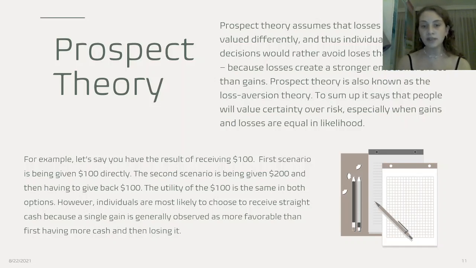The utility of $100 is the same in both options because as a result you win $100. However, individuals are most likely to choose to receive straight cash, option 1, because a single gain is generally perceived as more favorable than first having more cash and then losing some of it.